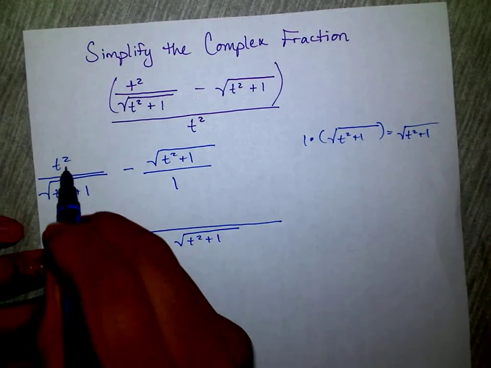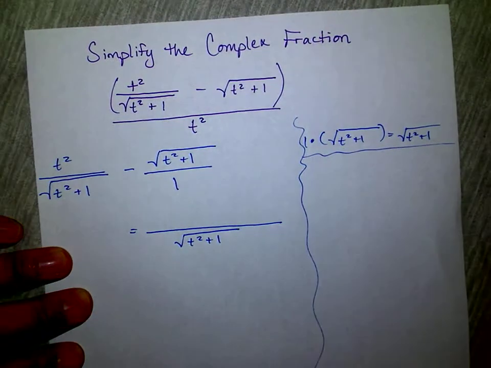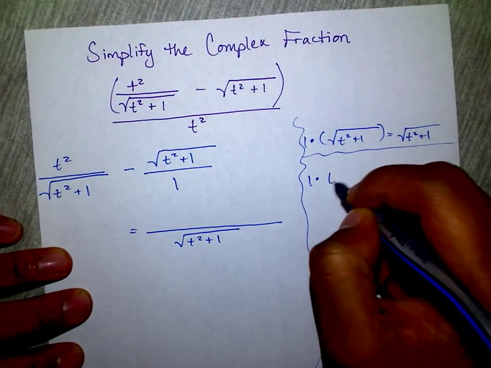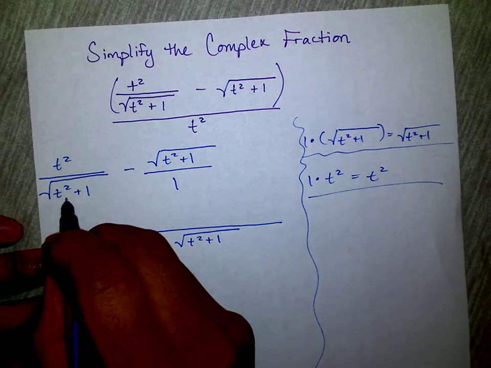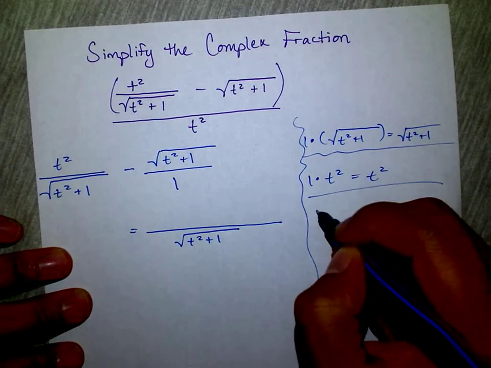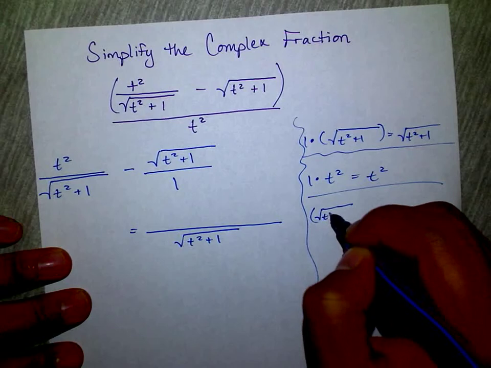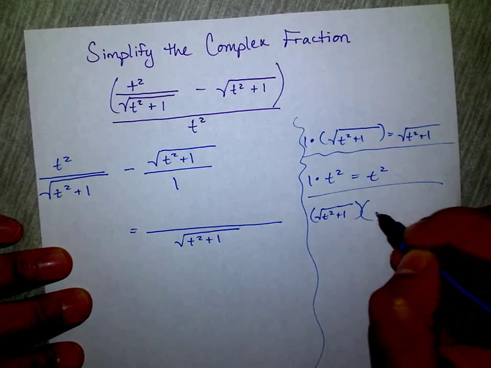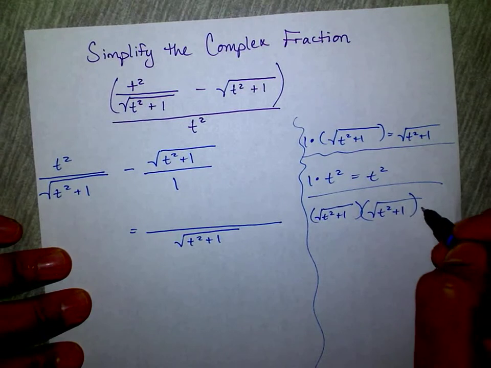So I'm going to do 1 times t squared, which is equal to t squared. And then we're going to do this expression times that expression. So the square root of t squared plus 1 times the square root of t squared plus 1 equals.